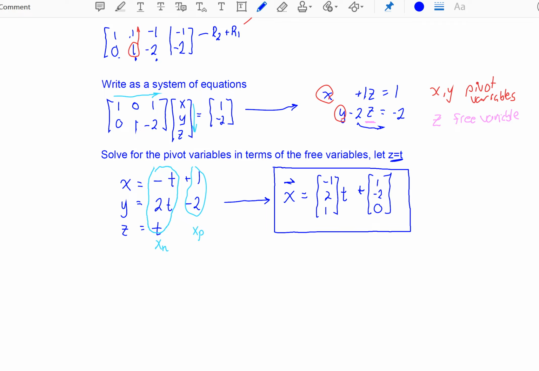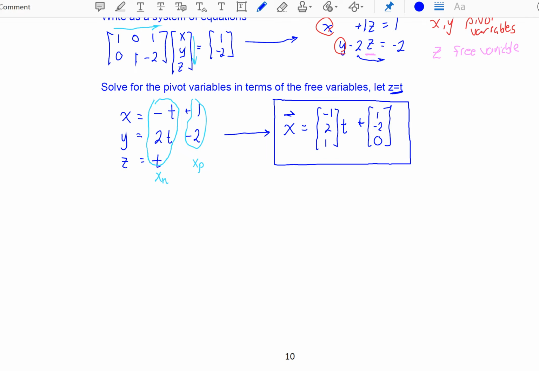So let's explore this idea for a moment. Consider t is equal to 0. If t is equal to 0, then we get the vector x equals, well, now if t is 0, 0 times anything is 0, and so we just get 1, -2, 0 as a solution.